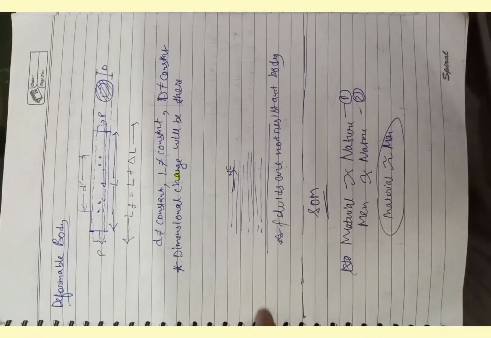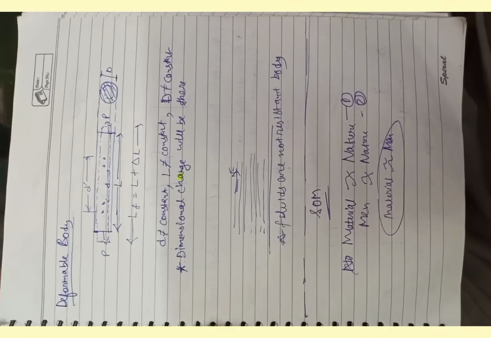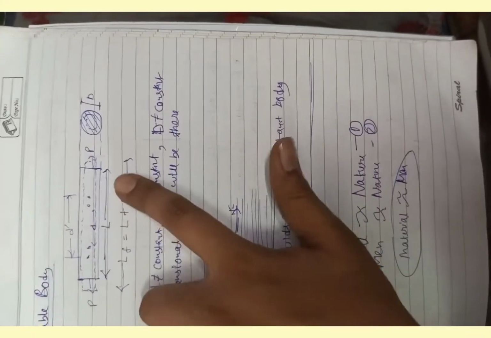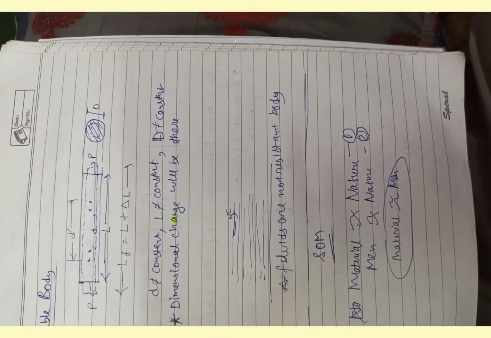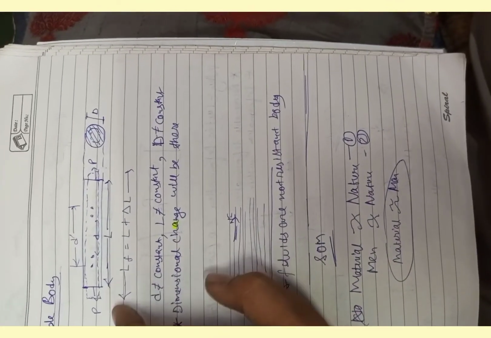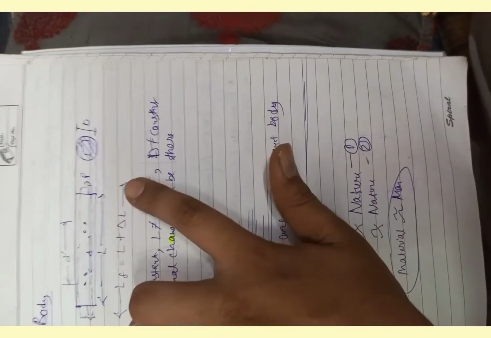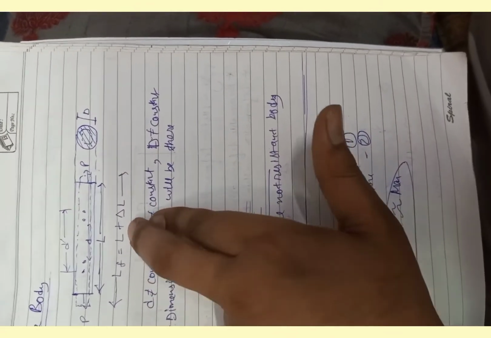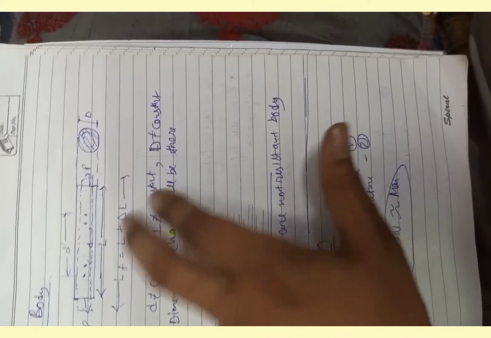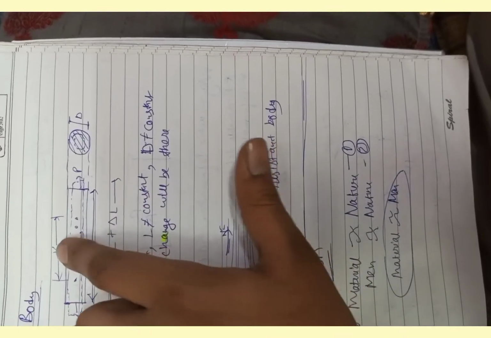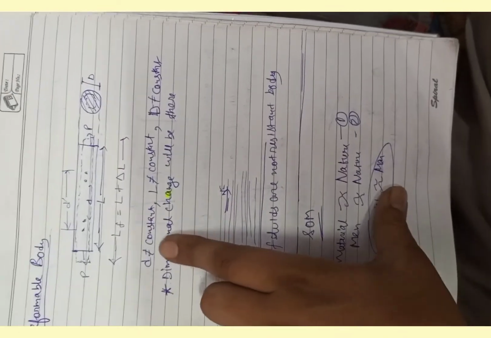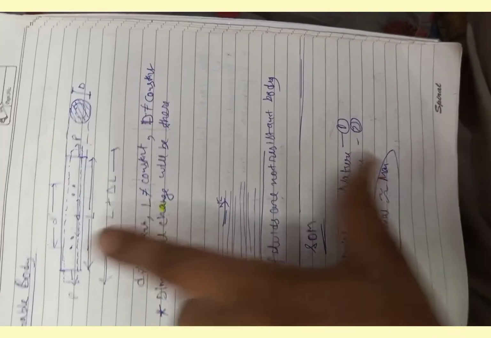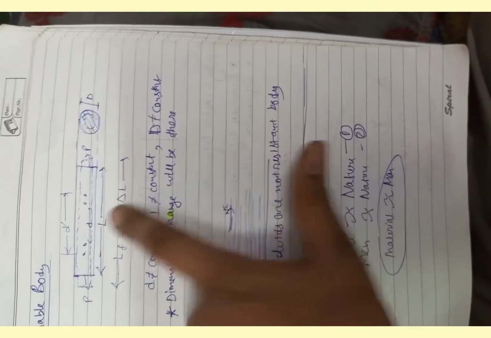Now we go further to the deformable body. If there is a prismatic bar and you are stretching it with a tensile force P acting upon it, then the length will be the original length plus the change in length, and the diameter D will become D dash. So D is not constant and L is not constant.